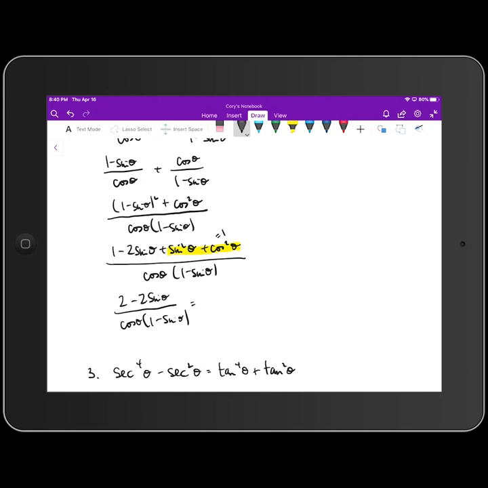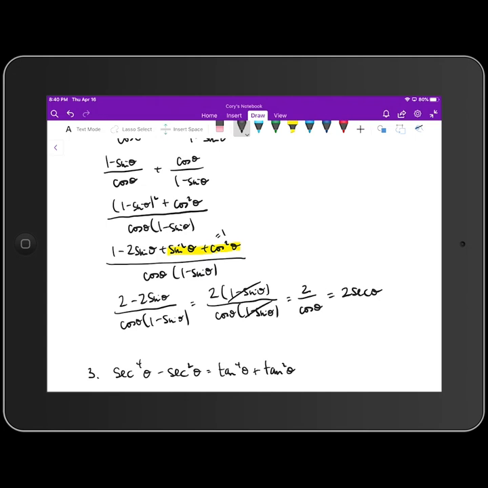And then I can factor a 2 out of that numerator. So that's going to be 2 times 1 minus the sine of theta over the cosine of theta times 1 minus the sine of theta. And we can cancel those factors, which gives me 2 over the cosine of theta, which simplifies to 2 times the secant of theta.